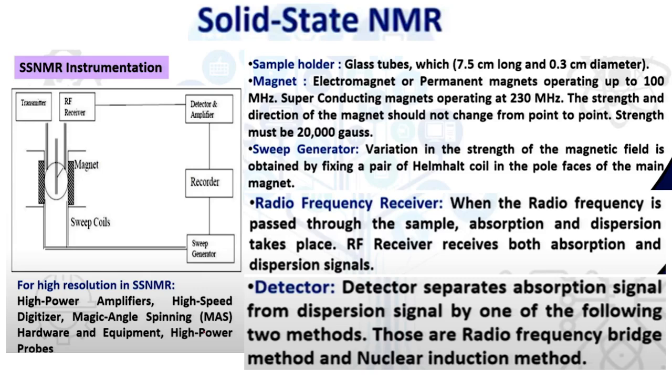We are discussing NMR. We have discussed 1H NMR, 13C NMR, and we also introduced solid state NMR a little bit. Today we'll start from solid state NMR, then we'll discuss different thermal characterization techniques.